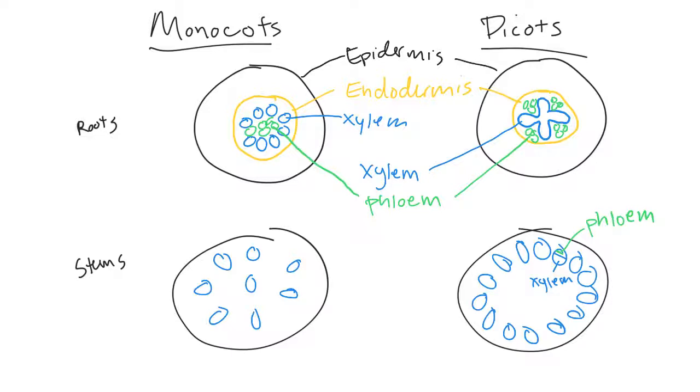So this xylem and phloem together, these are vascular bundles. In a ring in dicots and then scattered in monocots.